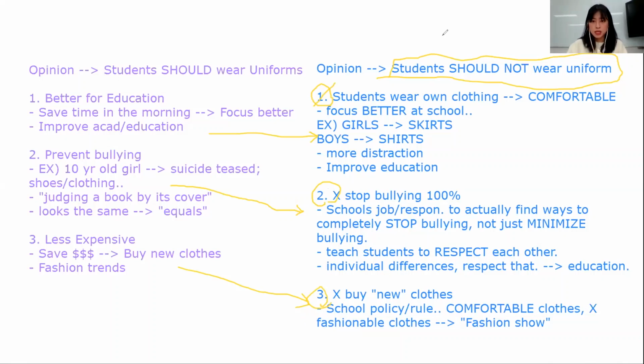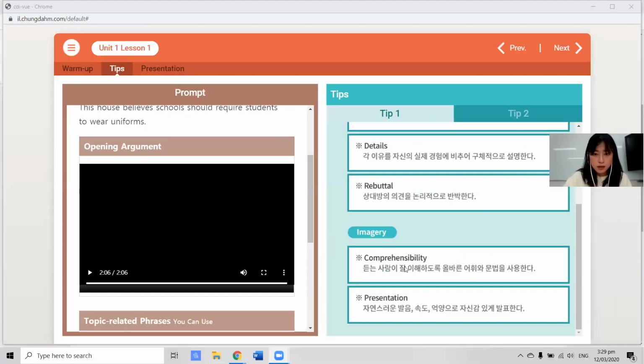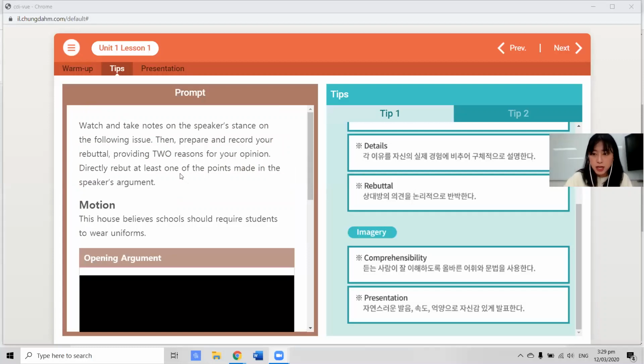But as you can see here, it tells you that you need to have 2 reasons, okay? So make sure that you choose 2 reasons and make sure during the delivery of your 2 reasons, you are also adding the important strategy of rebutting this speaker down here.